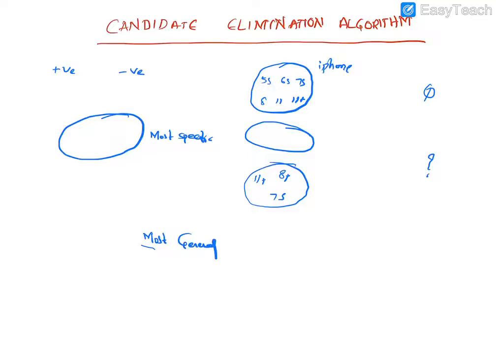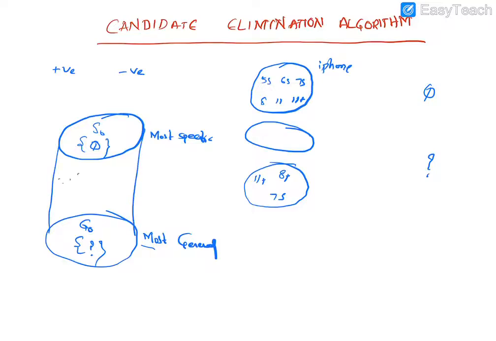I initialize the most specific S0 with pi, and the most general G0 with question marks. Whatever data points are available between these two is treated as the version space, so we can move from most specific to most general.